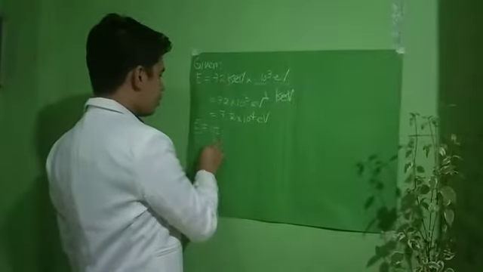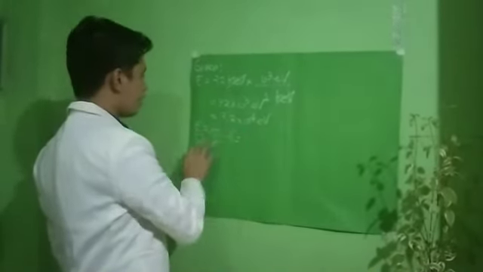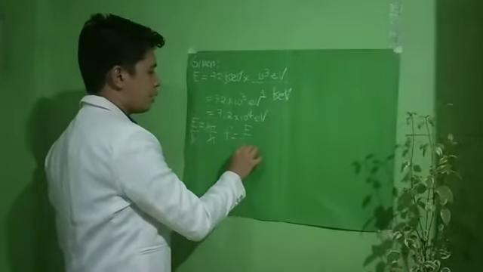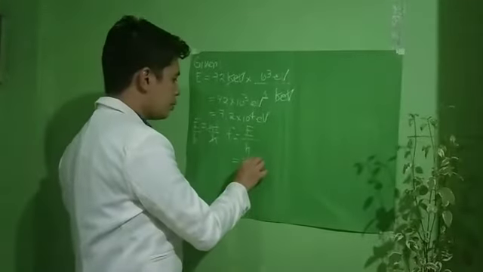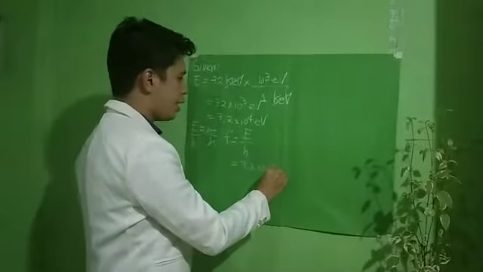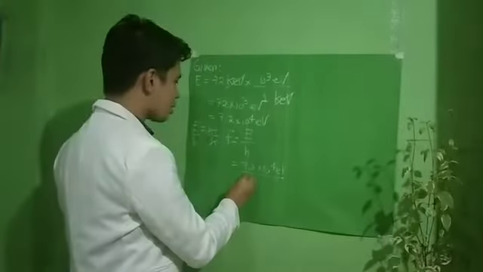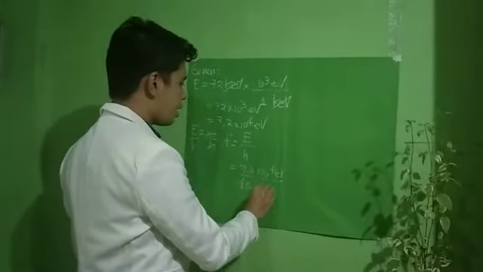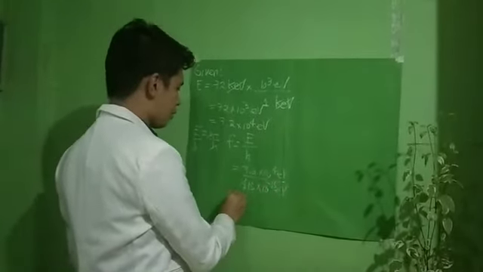So, therefore, F is equivalent to E divided by the H. So, our E is 7.2 times 10 raised to 4 electron volts, and our Planck's constant is 4.15 times 10 raised to the negative 15 electron volts.